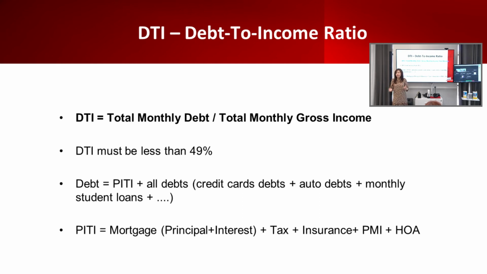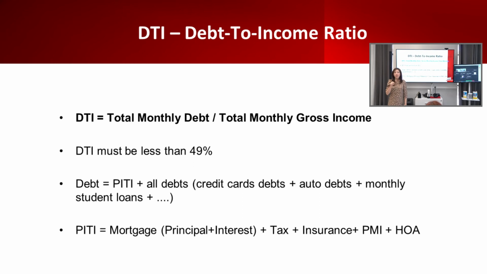How you calculate the DTI, we call it DTI, debt over income. So that's the formula: total monthly debt over total gross monthly income. We talk about monthly: total monthly debt over total gross monthly income, okay?